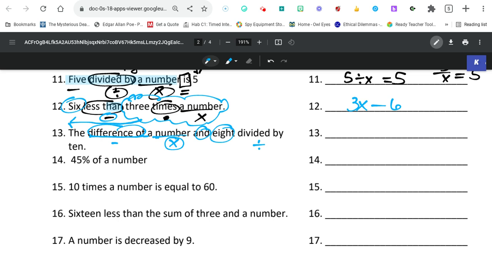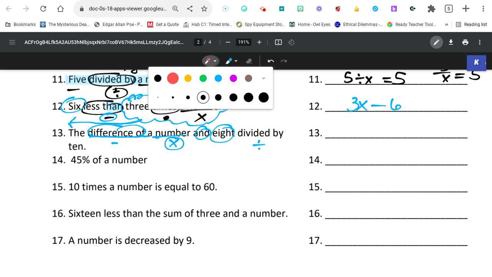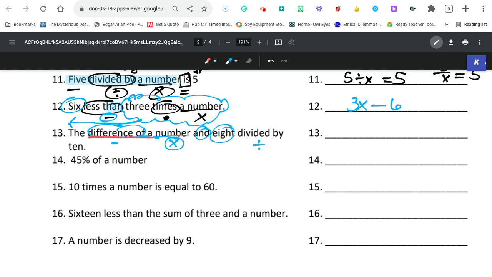So I need to find this first. I need to calculate the difference of X and 8, and then I'll take that and divide it by 10. That whole difference, guys, is divided by 10.